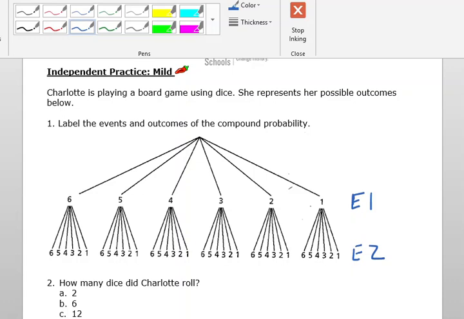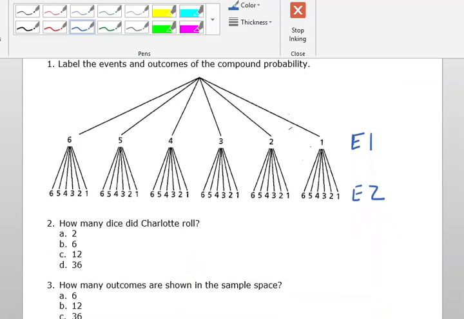So how many dice did Charlotte roll? We can see here, this was event 1, this was event 2, she rolled 2. How many outcomes are there? Well, in event 1, there were 6 possible outcomes. In event 2, there were 6 possible outcomes. So I'm thinking we should get 36.